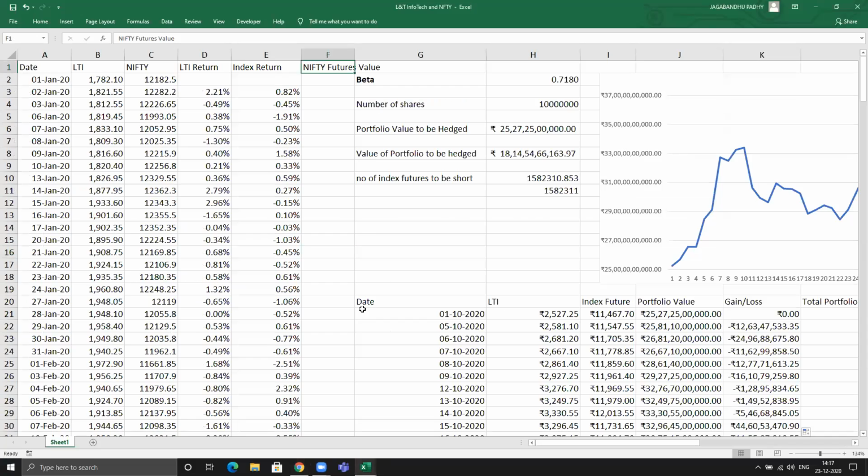The individual index futures are not available, only overall index futures are. Indices are published, but their futures are not traded. So that is one of the shortcomings that we have over here.